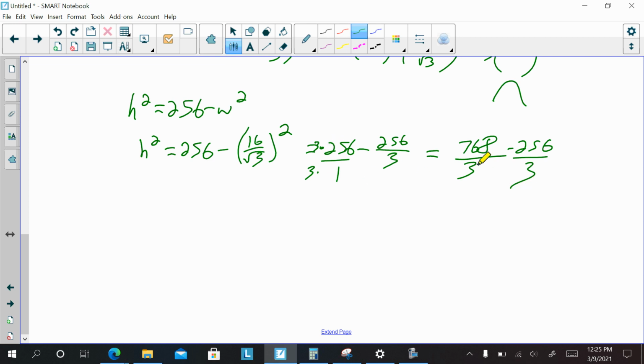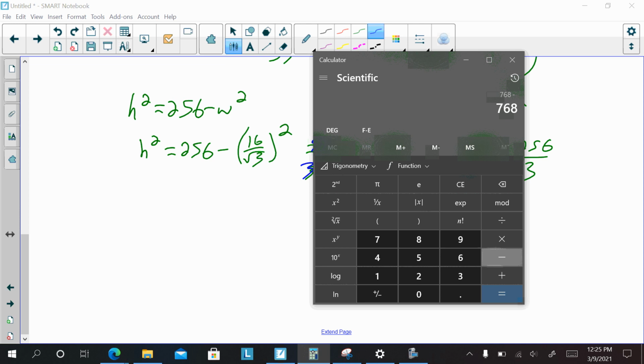What do we do there? We just rewrote 256 with a common denominator of 3. So multiply top and bottom by 3. So 768 over 3 for the first fraction, 256 over 3. So 768 minus 256 is 512.